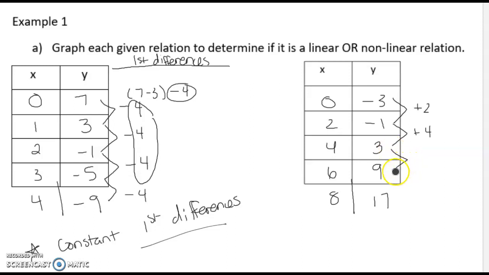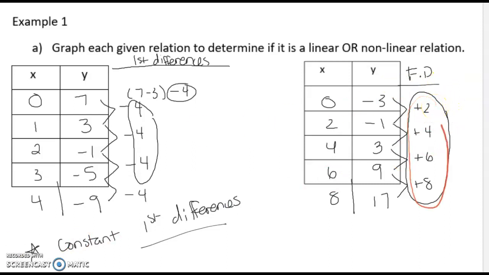To go from 3 to 9, we had to add 6. To go from 9 to 17, we had to add 8. So if we look at these first differences, 2, 4, 6, 8, it's not like the first column where they were consistent. These are all different, so it's not consistent.